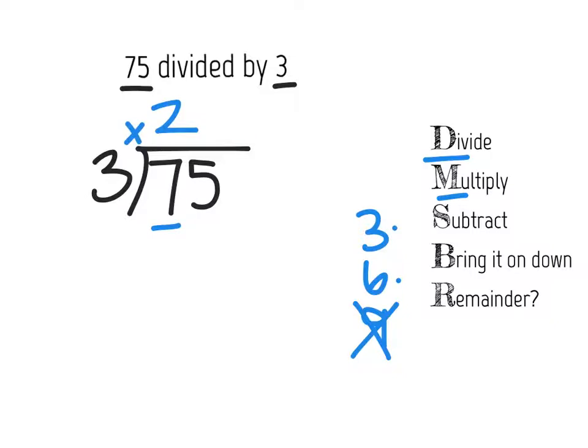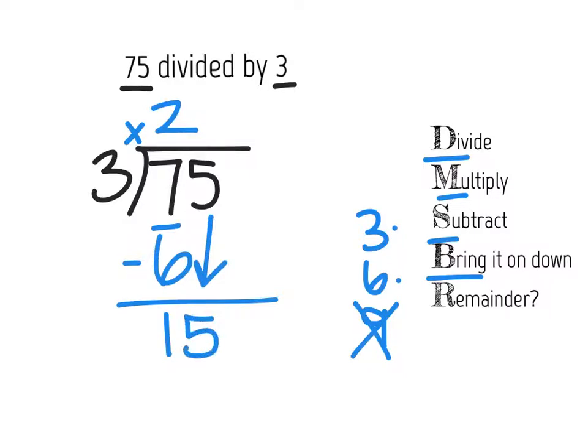2 times 3 equals 6. Subtract. 7 minus 6 is 1. Bring it on down and bring it on back. 15. Okay, same thing. Now, how many 3s could I get into 15? Or 15 divided by 3 is what?